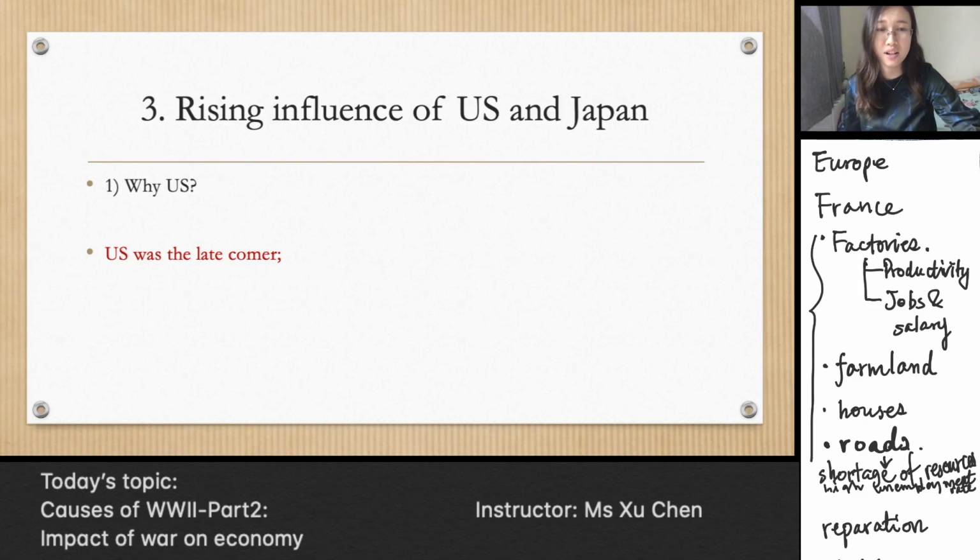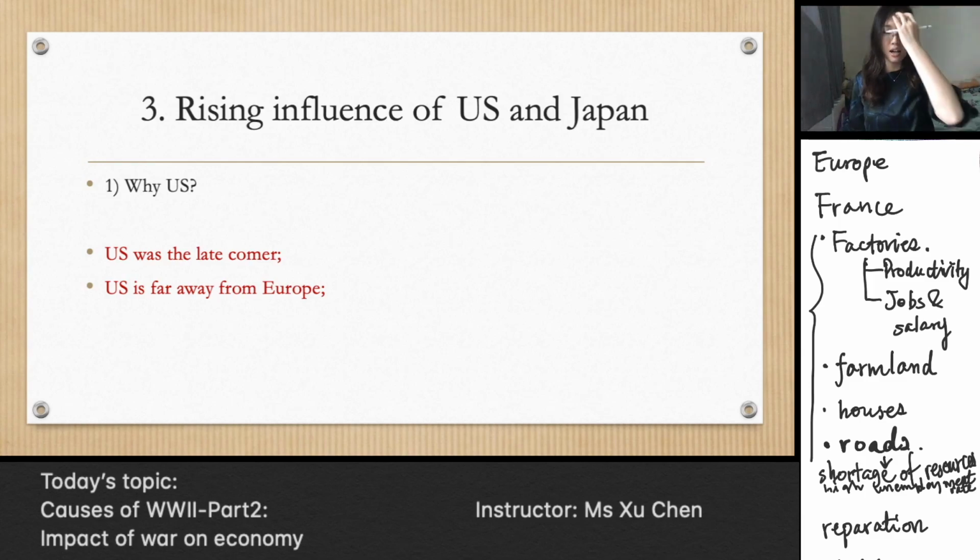Of course they don't have very huge casualties compared to other European countries because they were far away from Europe. When we try to explain that the European countries were greatly destroyed, not only the casualties, not only the economies, more importantly all the farmlands, all the factories, and other things were totally destroyed by the war.